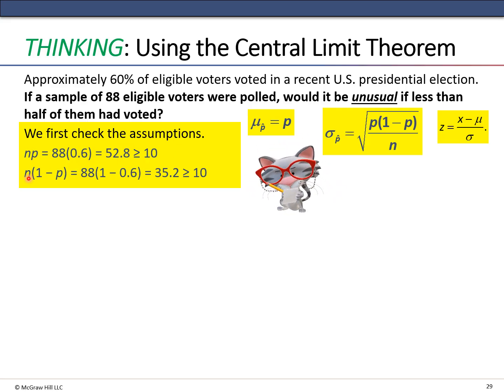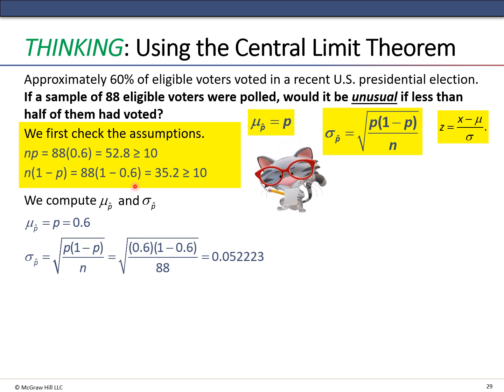And then we take our sample size of 88 times 1 minus p, or 1 minus 0.6, and we get 35.2. So we check the assumptions and we can use the normal curve. We then compute the mean and the standard deviation for p hat. I'm not going to go through those calculations. We've done 3 or 4 of those already.